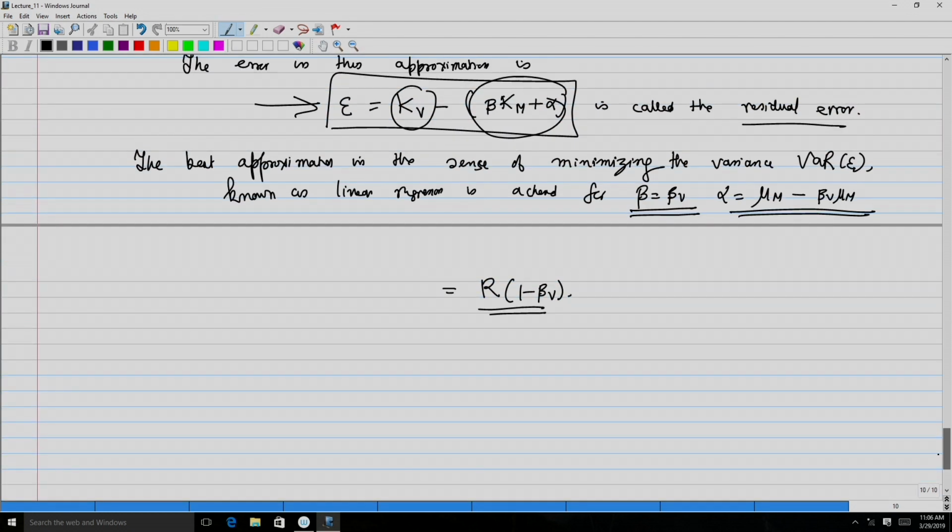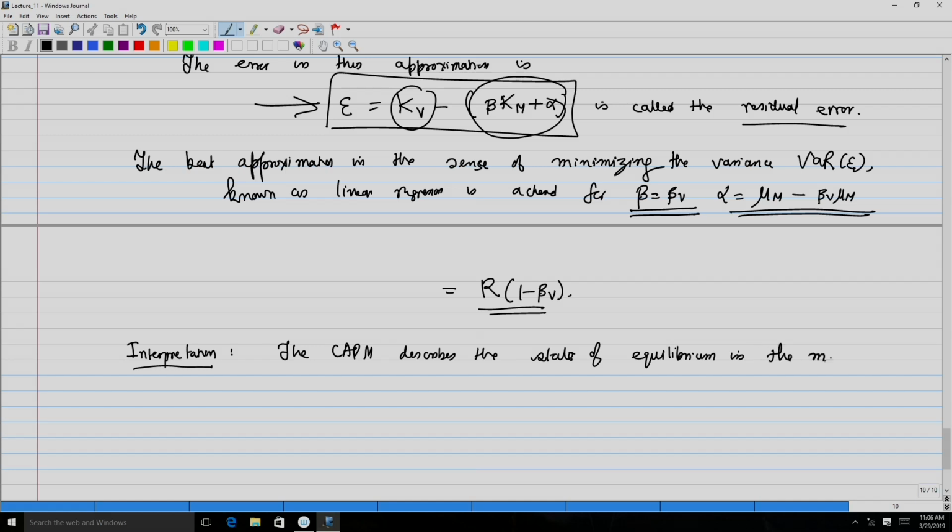So, what does the CAPM do? Let us just make an interpretation of the result that we have done in case of CAPM. So, the CAPM describes the state of equilibrium in the market.